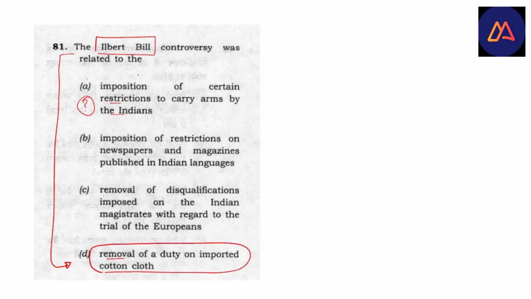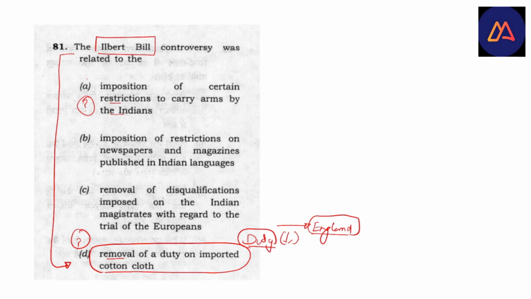I do not know if these Britishers had this duty, but usually they reduced the duty, correct, only they reduced the duty, so that the cloths from England were imported into India, and the people who were manufacturing cloths here suffered a lot. This is what deindustrialization of the Indian market was.